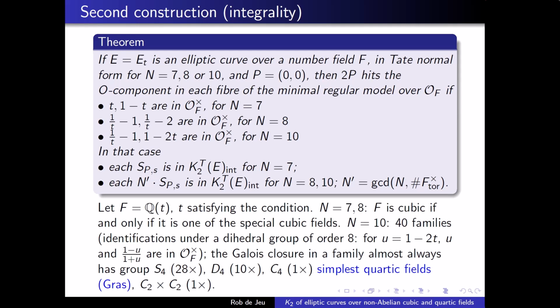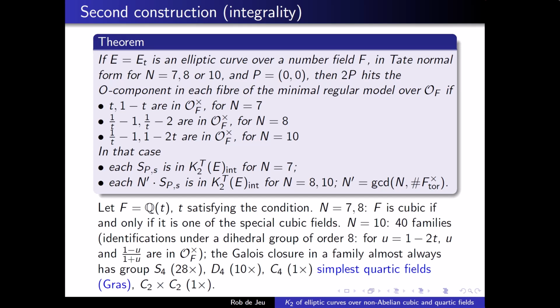So, we just had a nice criterion for this in terms of where the points on your bad fiber lie. You can check that if I multiply them by 2, then you're always going to hit a zero component in your model, provided you impose a few conditions on your parameters.